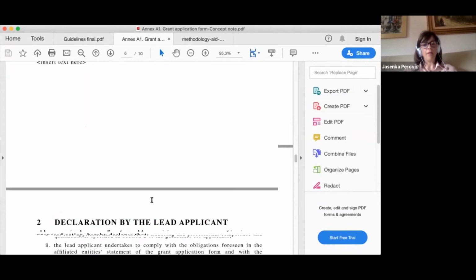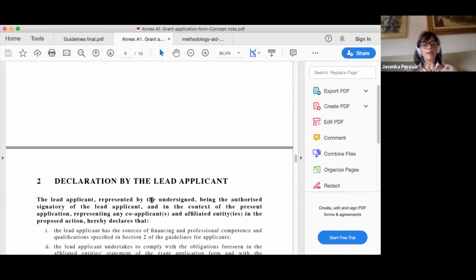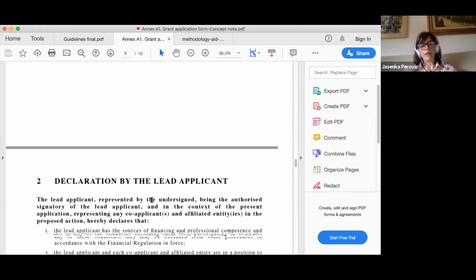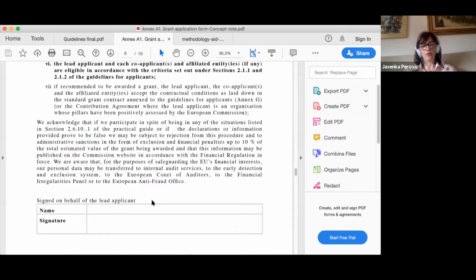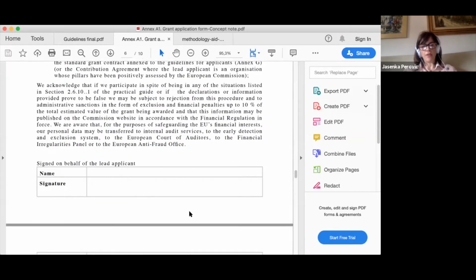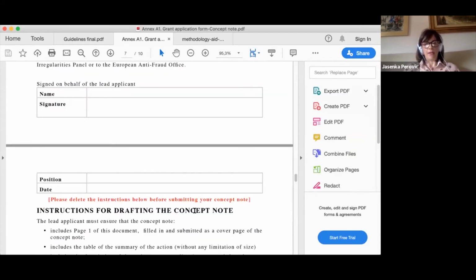You should maintain them. The second section of the Annex A1 is a declaration that needs to be signed by the lead applicant. Please do not forget to fill in your name, signature, your position, and date.